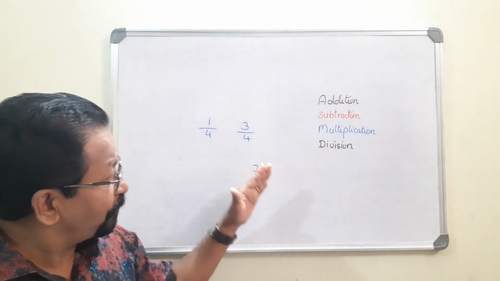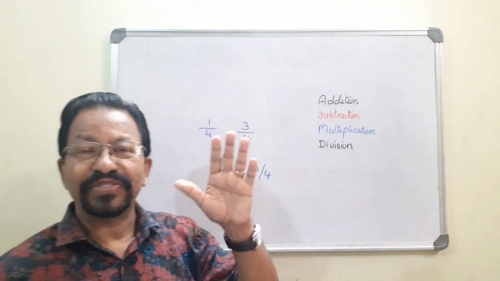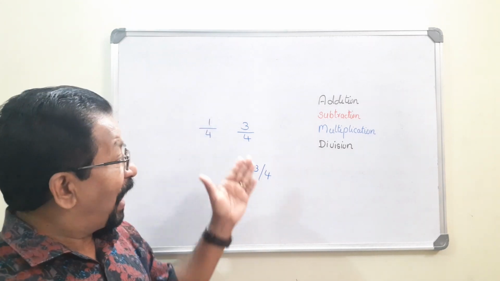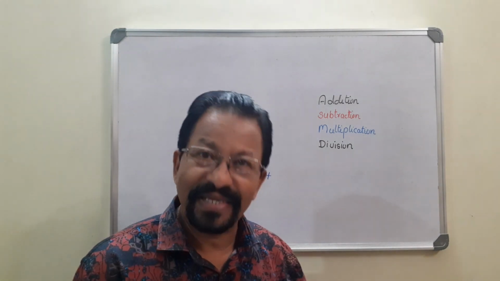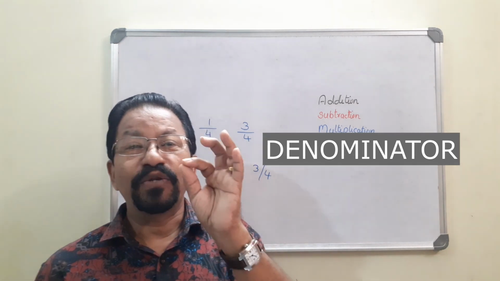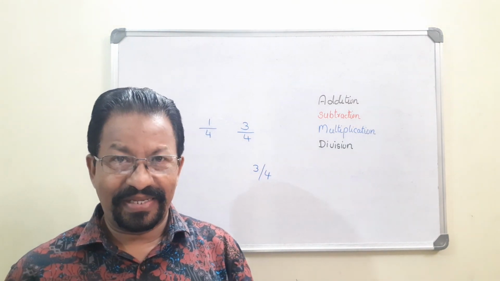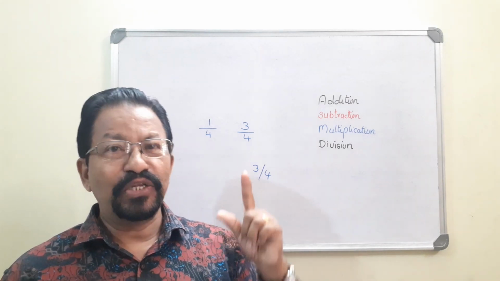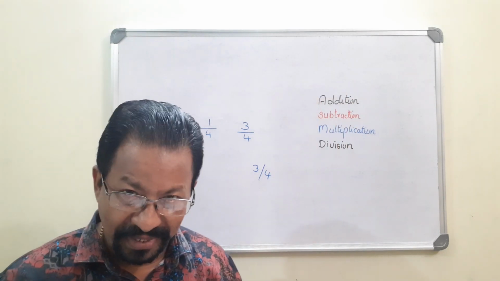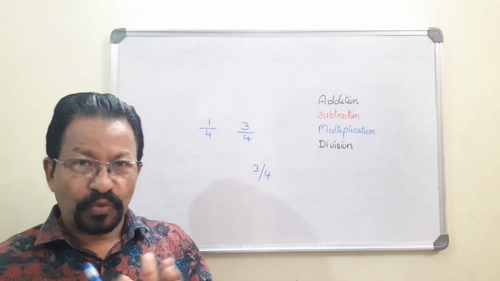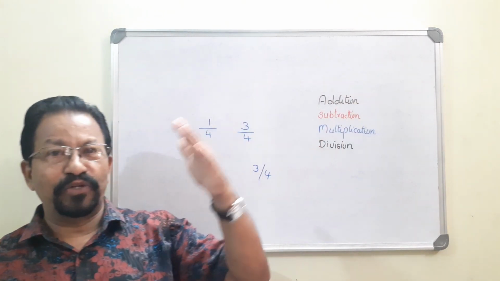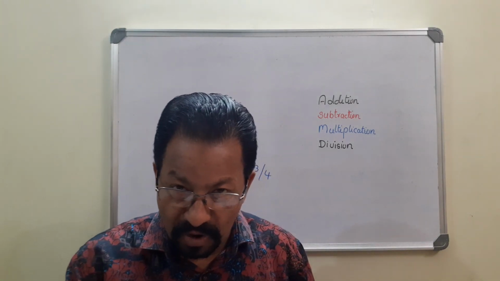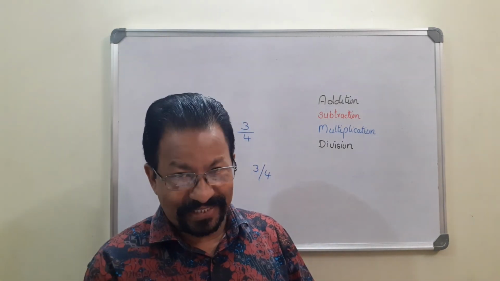The number above the line is known as the numerator of the fraction, and the number below the line is known as the denominator of the fraction. So, a fraction has a numerator and a denominator, separated by a small horizontal line or a slash.